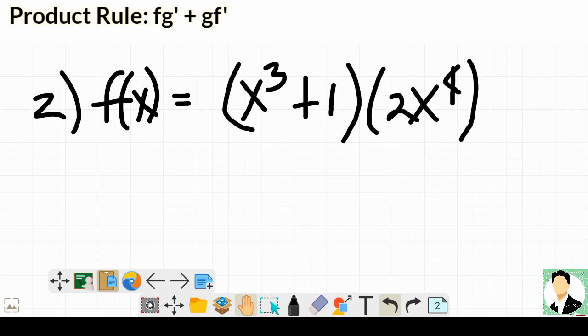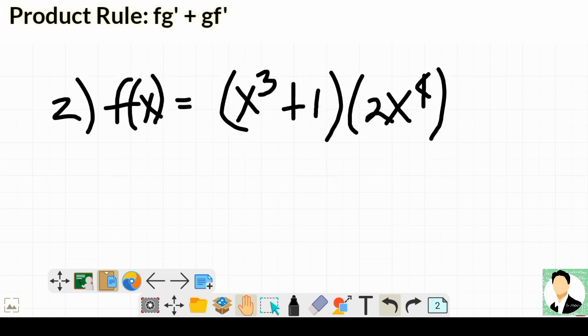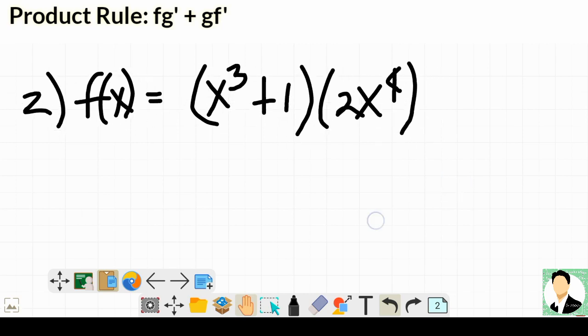So next, find the first derivative or f prime of x equivalent to x cubed plus 1 times 2x raised to 4. So using product rule, which is yung f times g prime plus g times f prime. So, paano yan?